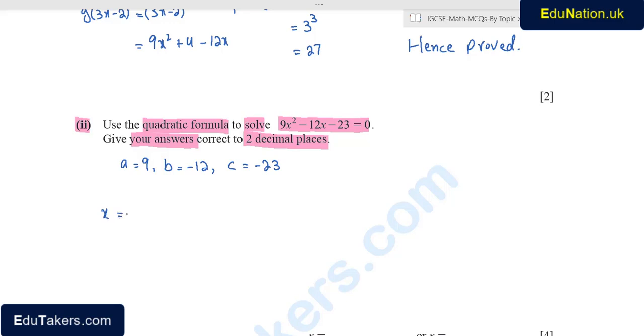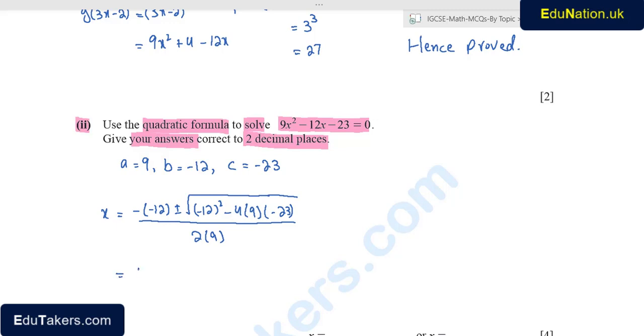So by quadratic formula, this will be minus 12 plus minus square root of 12 square minus 4 into 9 into minus 23, over 2 into 9.